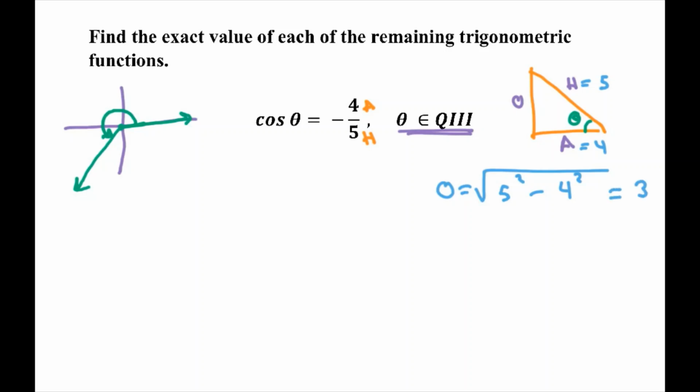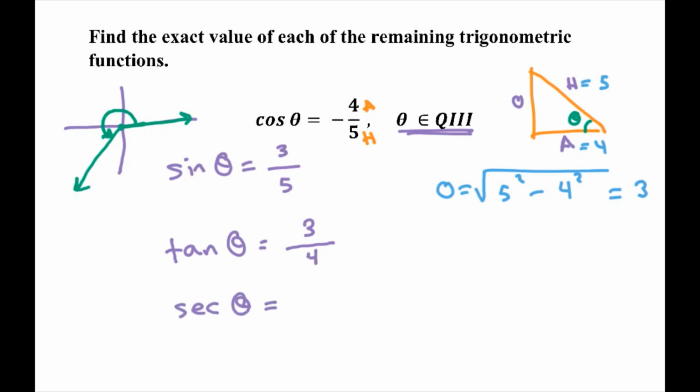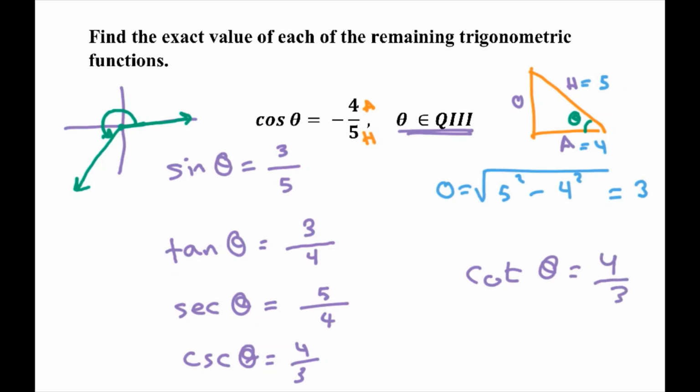Now you can say sine theta equals opposite over hypotenuse, tangent theta equals opposite over adjacent, secant theta is the reciprocal of cosine, cosecant theta is the reciprocal of sine, and cotangent theta is the reciprocal of tangent.